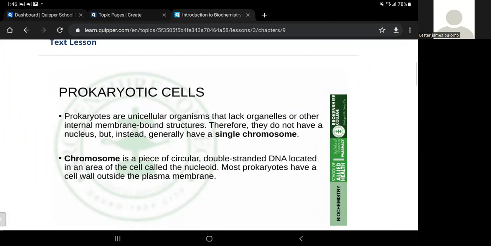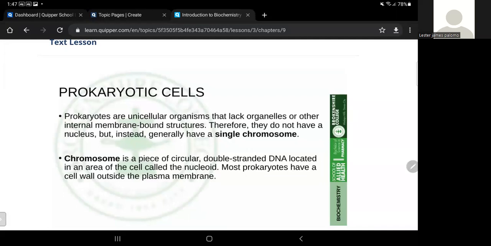No nucleus, but instead, they generally have a single chromosome. So that describes a prokaryotic cell. And when we talk about the term chromosome, it is a piece of circular double-stranded DNA located in the area of the cell called the nucleoid.